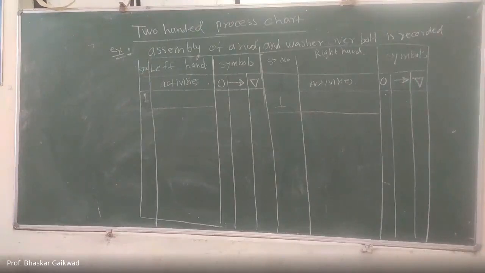Activities are there for the right hand side and the left hand side. So what is the first activity that I will write here? The first activity is to go to the bolt tray, meaning our left hand will go to the bolt tray. At the same time, our right hand will go to the washer tray.